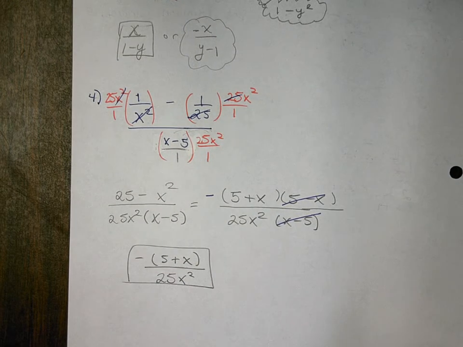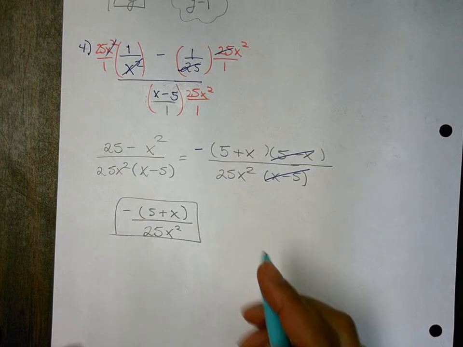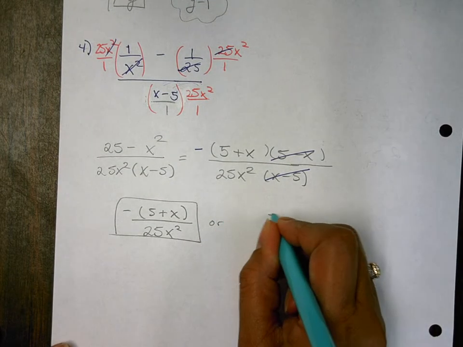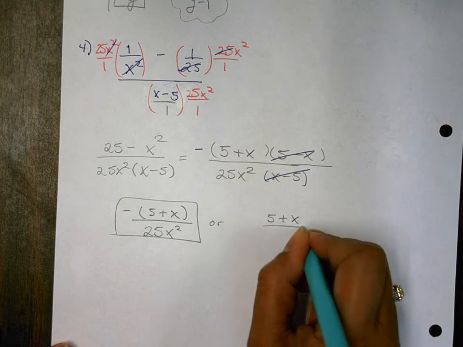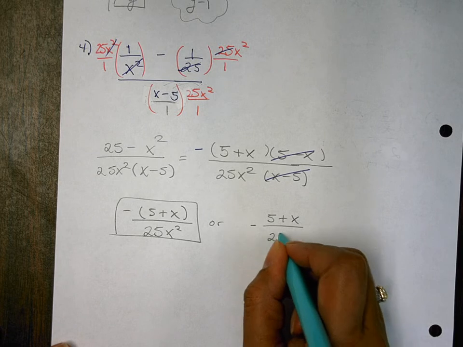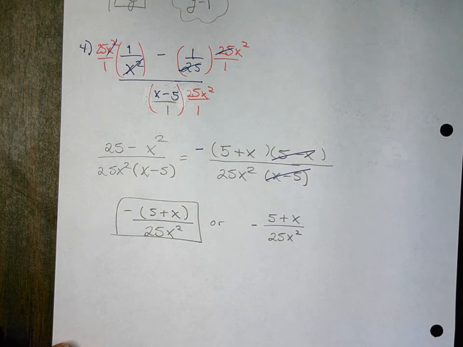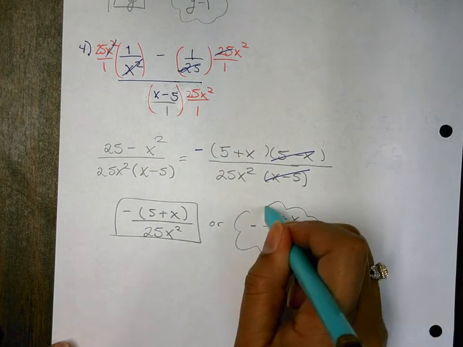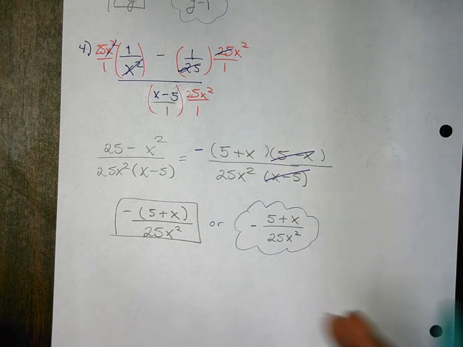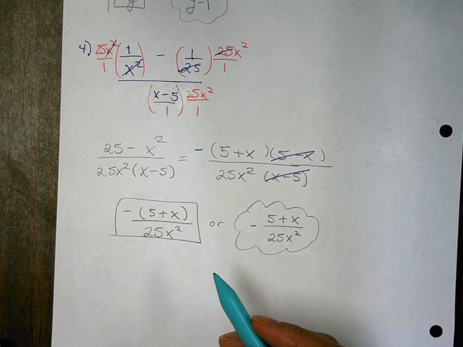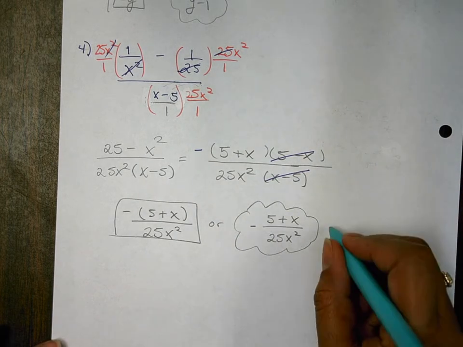Okay, again, different ways you might see this on a test. A test writer might write it like this: 5 plus x, the negative sign right in between 25x squared. That is still correct. You don't have to write it this way. I'm just showing you possible ways you'll see it on a test. A test writer might put it at the bottom.